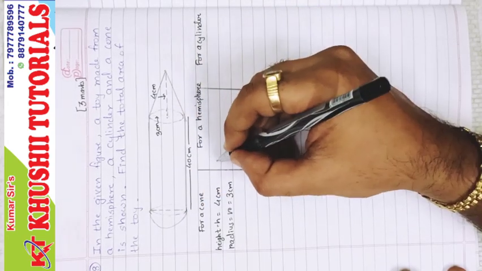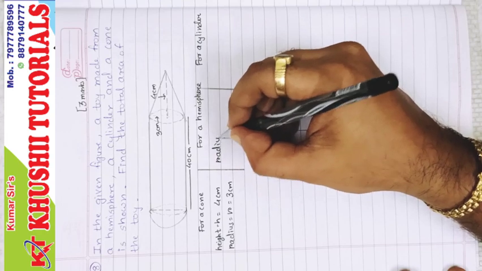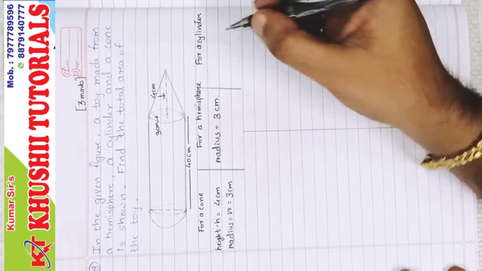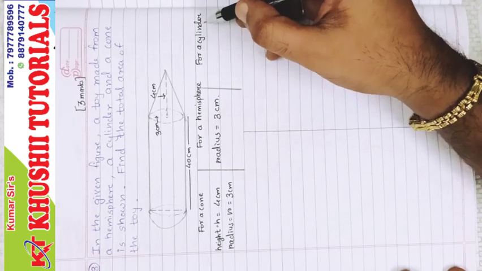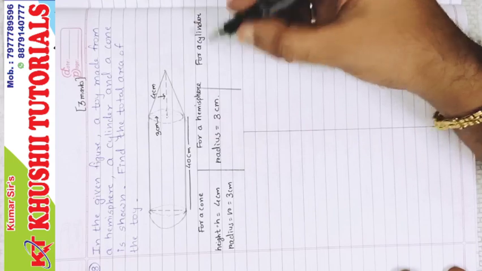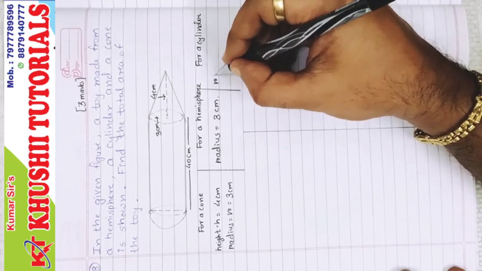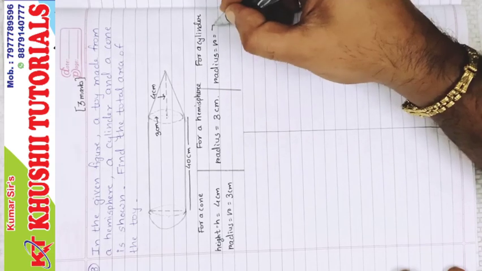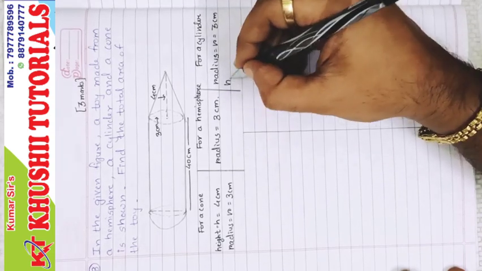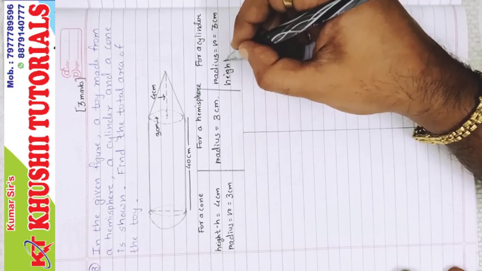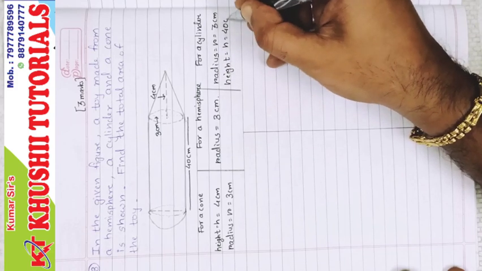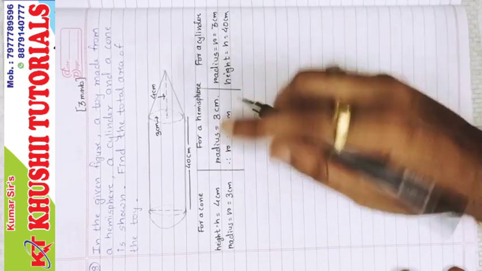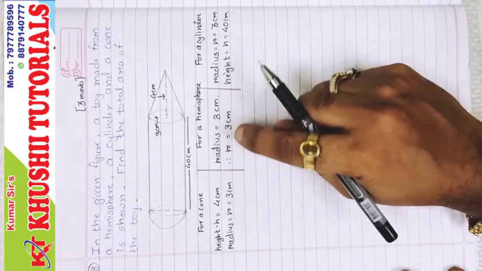So for hemisphere, radius equal to 3 centimeter, and for cylinder, the radius will be 3 centimeter, height equal to 40 centimeter. So we got all the information of all 3 figures.